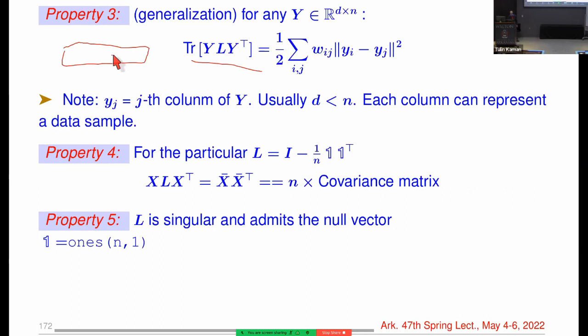So the matrix Y is flat and thin. This is equal to the sum of Wij's times the squared differences between the columns of Y. That's one of the reasons why you use this as opposed to the other one. If you take the distances squared between the columns of Y, add them up and multiply by Wij, then you will find exactly this trace here.